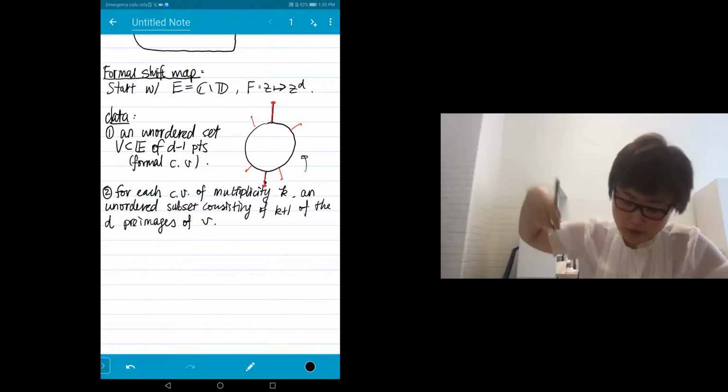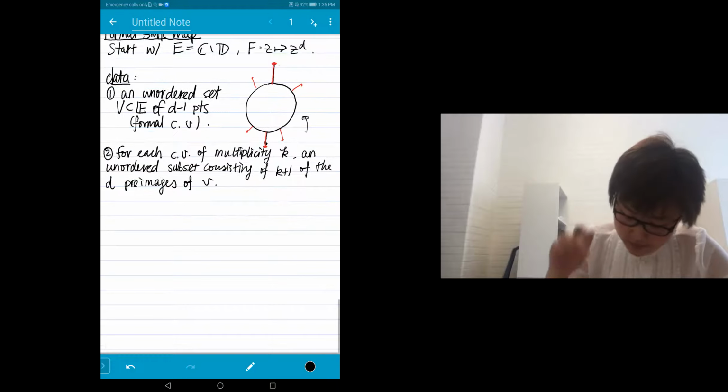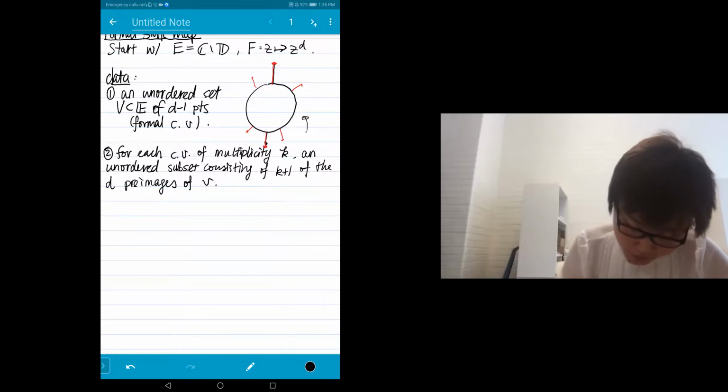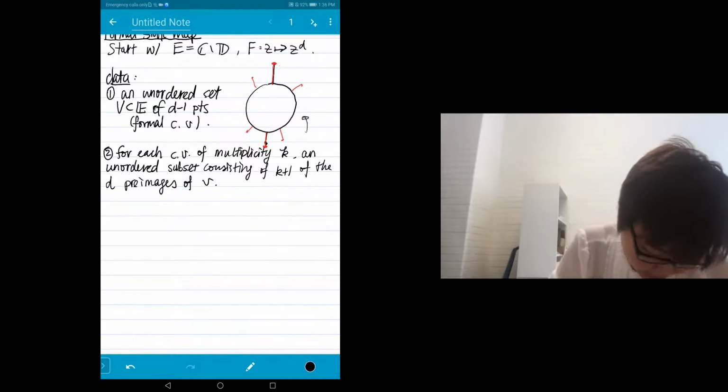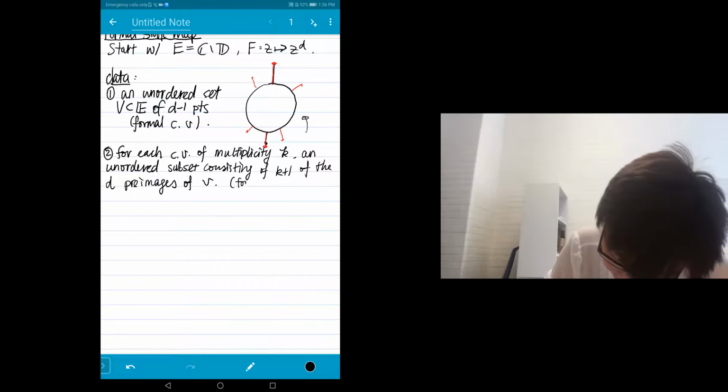You have one critical point, and every guy has 2 pre-images.